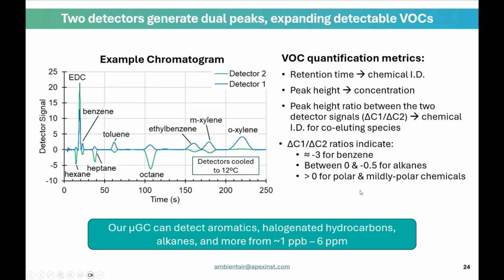We're able to figure out which chemical it is based on the polarity of the sample. Our GC can detect other aromatics, halogenated hydrocarbons, and alkanes, and it has generally a detection range from low parts per billion to about 6 parts per million.